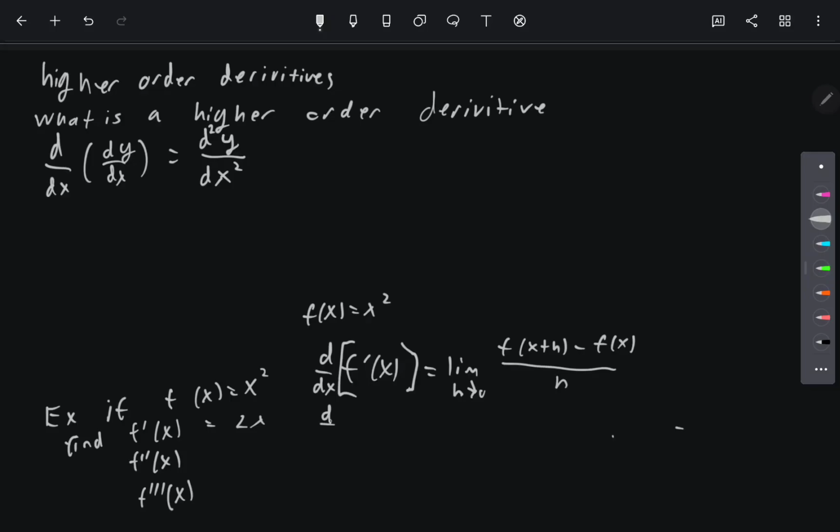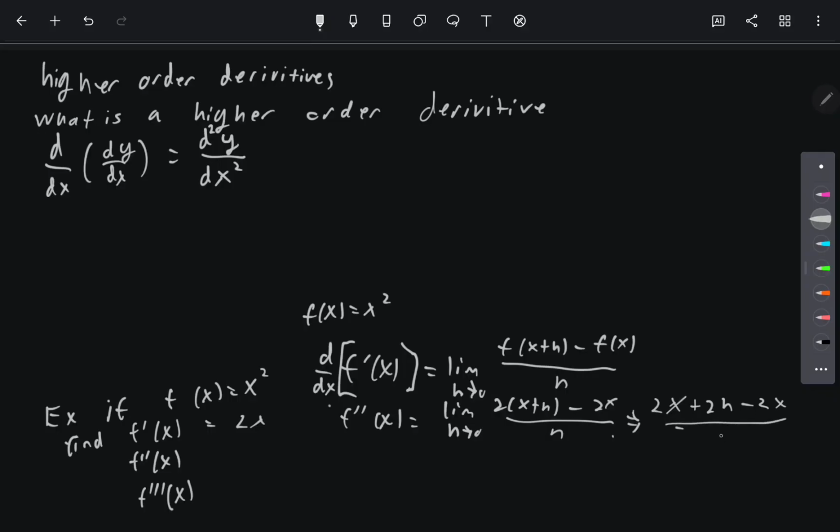Well, I'm going to simplify this notation. So this is f double prime of x is equal to the limit as h approaches 0 of 2(x plus h) minus 2x all over h. This multiplies out to be 2x plus 2h minus 2x all over h.